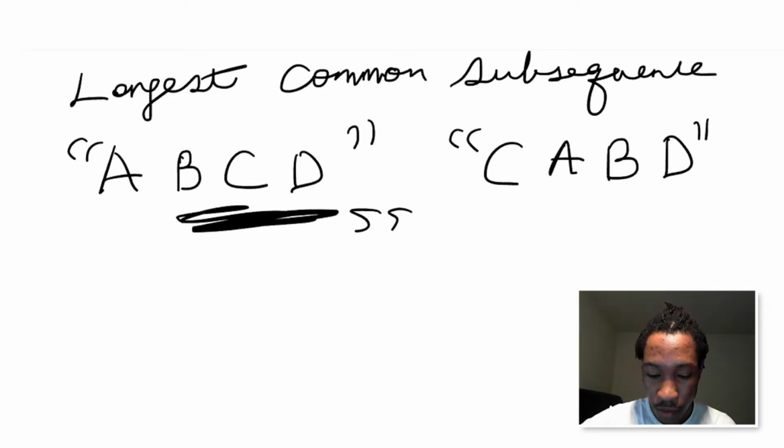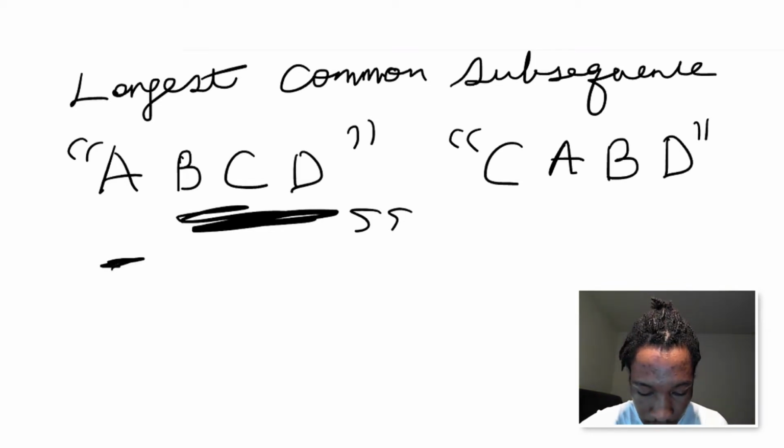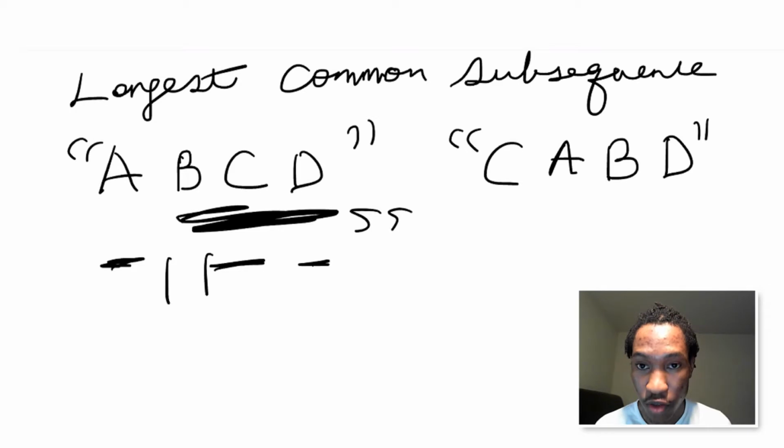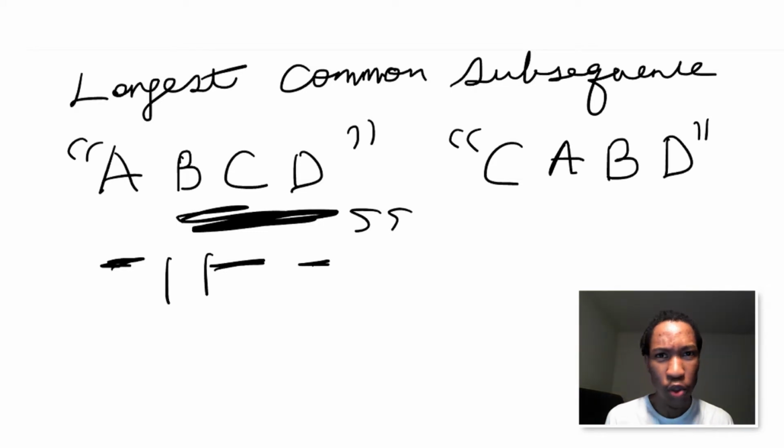A subsequence would be A, C, D. This is a subsequence, but it's not a substring at all, because A and C are separated by the character B. So it's not a substring, but it's a subsequence. I hope that was clear. You could Google what a subsequence is and you could get a lot more detailed explanation of it. There are academic explanations that I wouldn't dive into, but that's the basic idea.